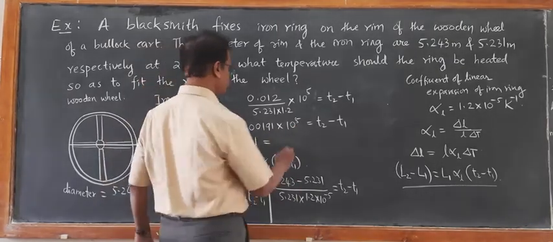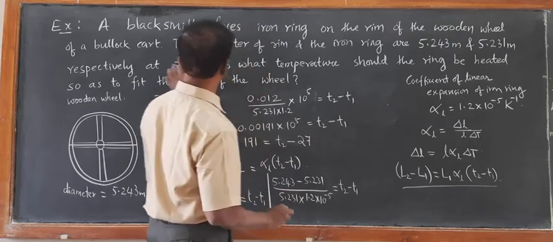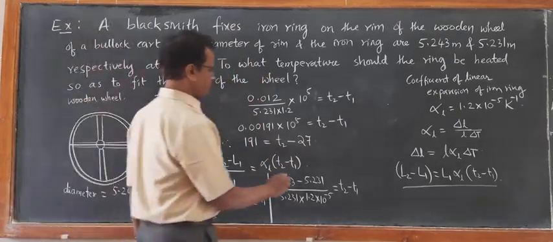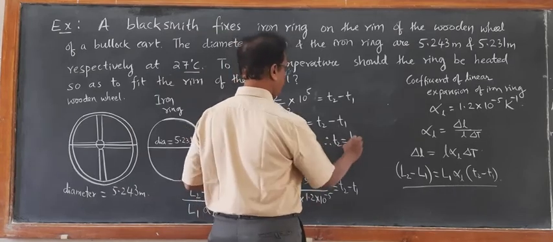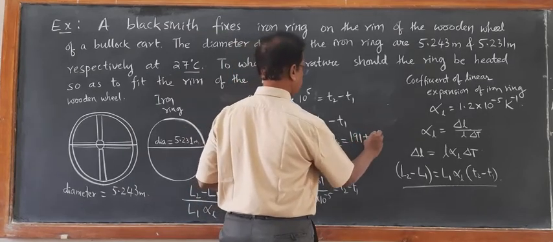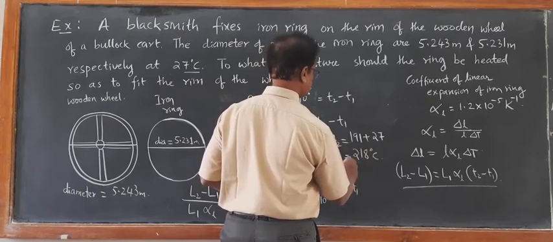So 191 is equal to T2 minus 27, where 27 is the initial temperature. Therefore, T2 becomes equal to 191 plus 27. So it becomes 218 degrees Celsius.